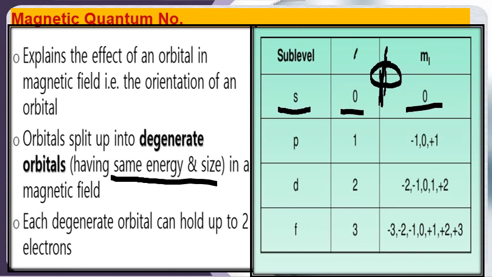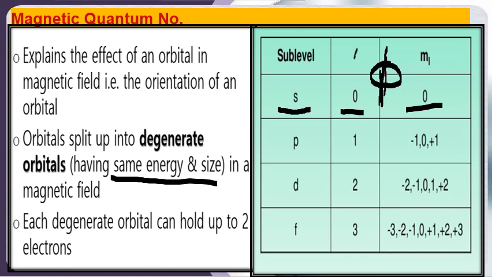When we say 0, it is Px, -1 is Pz and +1 is Py. So three degenerate orbitals are present for the subshell P.